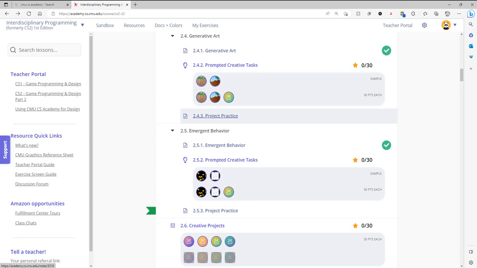So the next step is we went to emergent behavior. Emergent behavior is this phenomenon where it almost seems like we have artificial intelligence being generated, because we're using a lot of randomization with our computer code, and it makes it seem like the computer itself has a mind of its own.